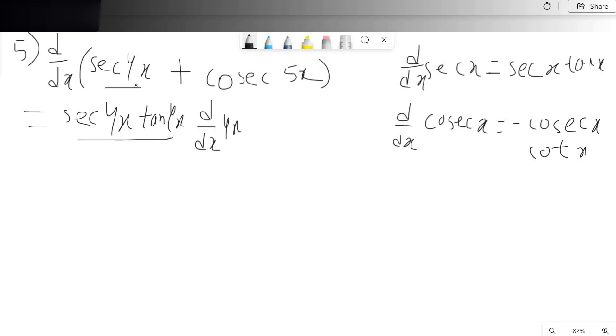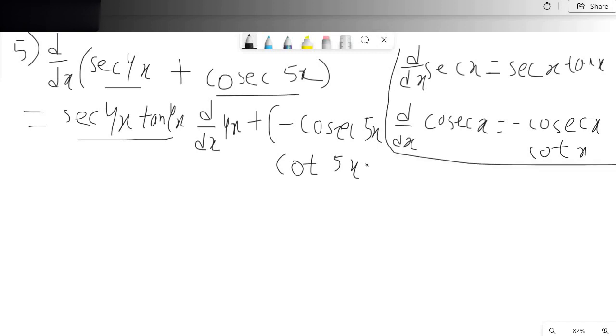As you assume that this whole thing is sec x, so we have to multiply with the derivative of the inside function, which is 4x, plus the differentiation of cosec 5x, which is minus cosec 5x multiplied with cot 5x and multiplied with the derivative of 5x, as we are using the chain rule.